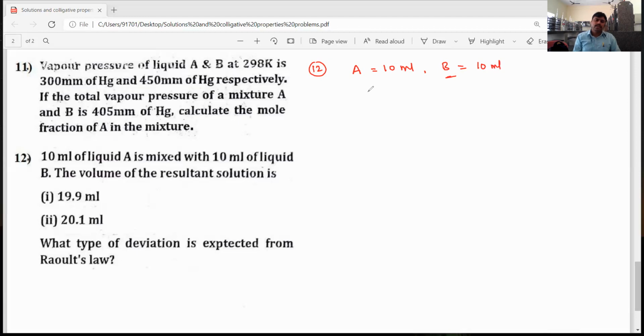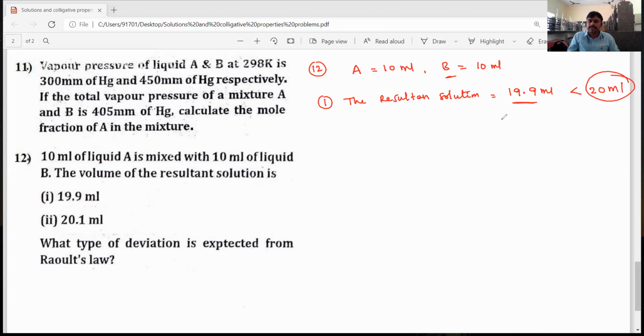Then if A and B form a solution, first, the resultant solution is 19.9 ml, which is less than the volume of A plus B, less than 20 ml.